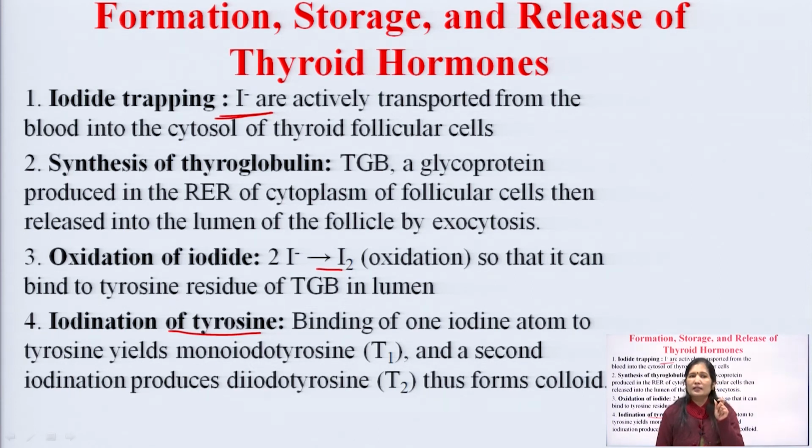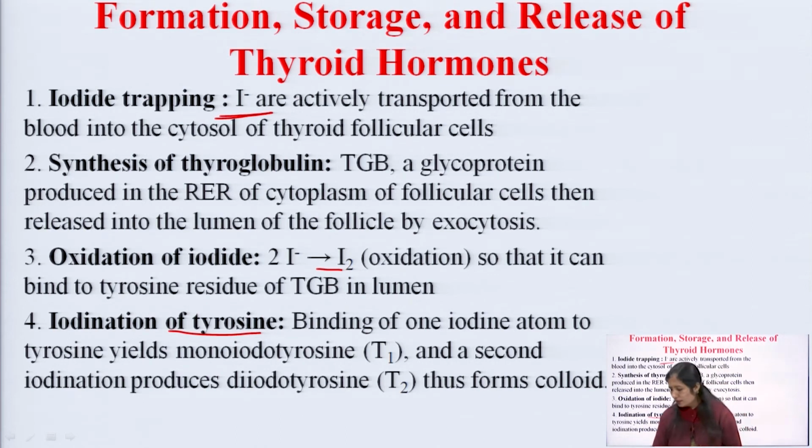Iodine has bound with the tyrosine molecule of TGB, and thus it has yielded T1, that is monoiodotyrosine, and T2, that is diiodotyrosine, and it forms the colloid in the lumen. This iodination of tyrosine occurs in the lumen.